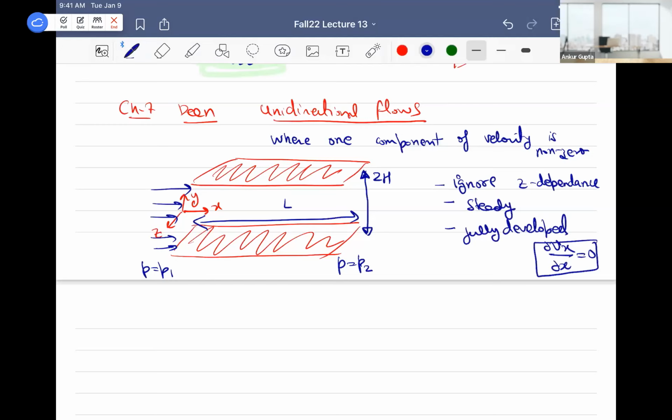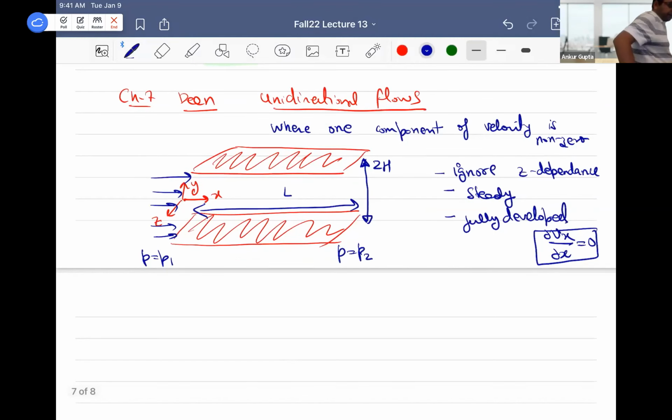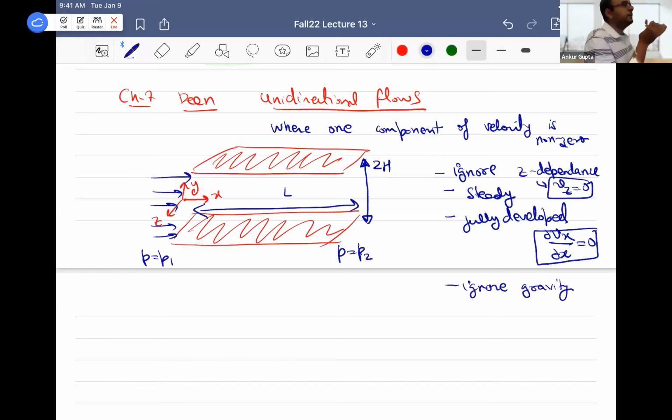We also assume that the velocity in the z direction is 0, vz equals 0, and we ignore gravity. So ignore z dependence, vz equals 0, fully developed, ignore gravity.